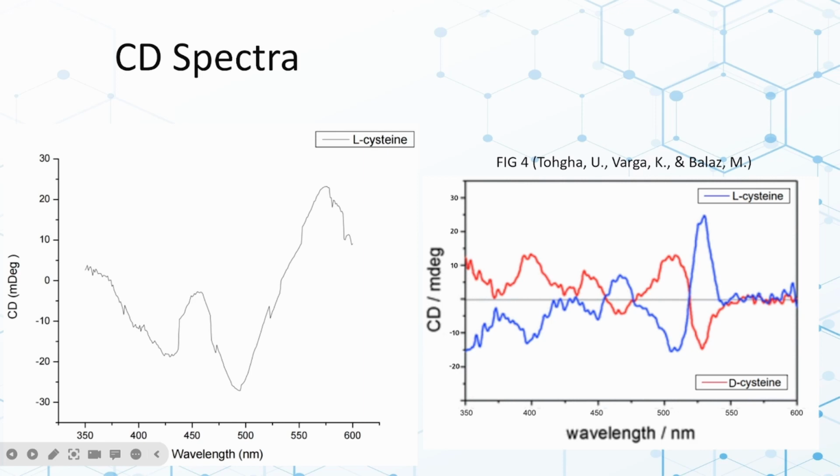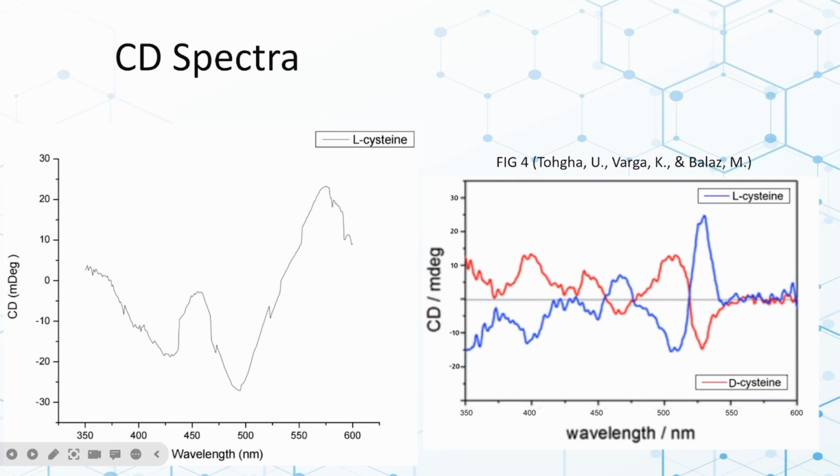Between 363 and 535, which is violet to green, the absorbance of L-cysteine for RHC is greater. And this difference is maximum at 430 and 495 nanometers.